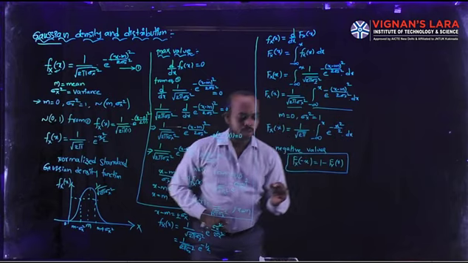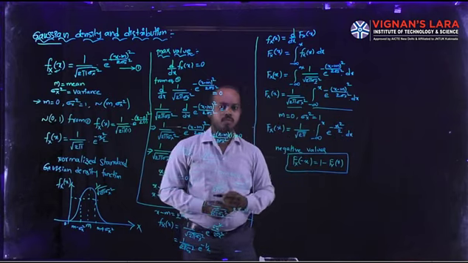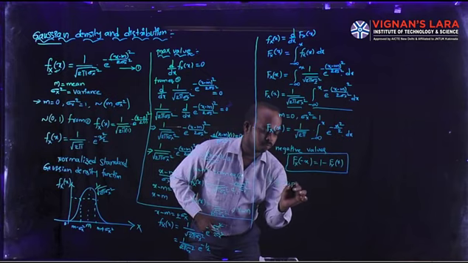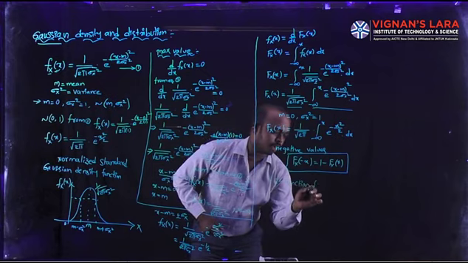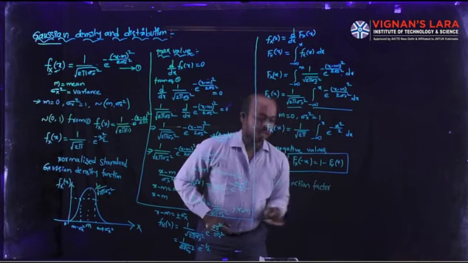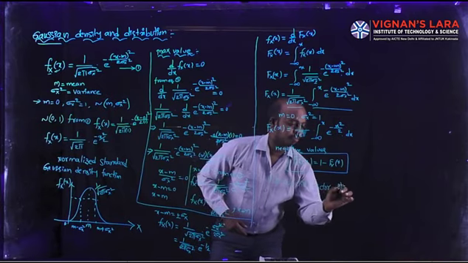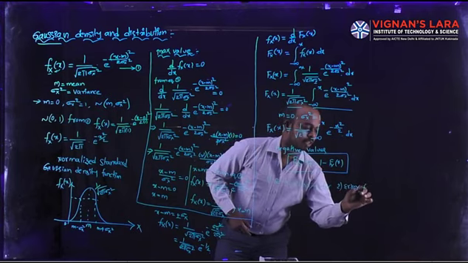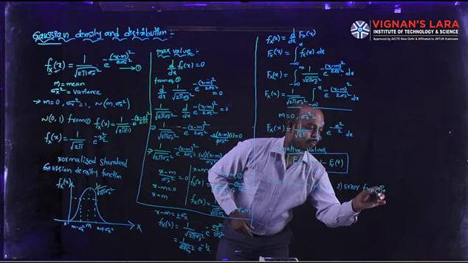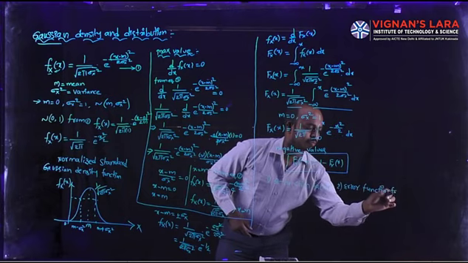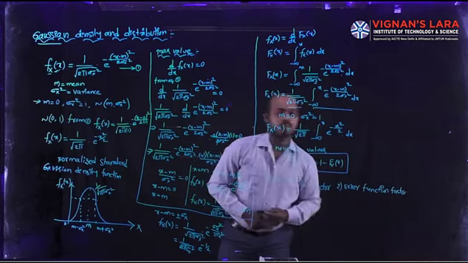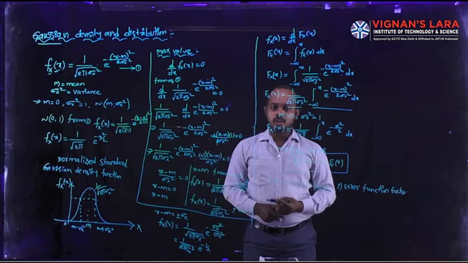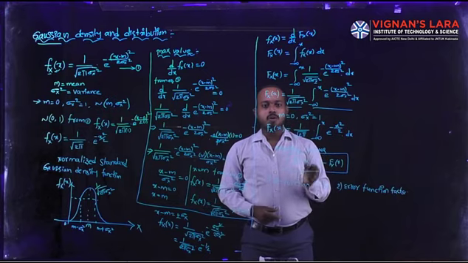Those two methods are, the first one is the Q function factor, and the second one is the error function factor. Before going to these two terms, we are also representing the distribution function in terms of the power of the exponential.